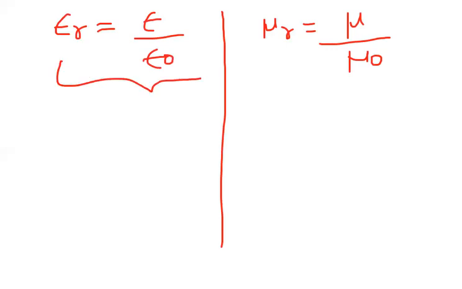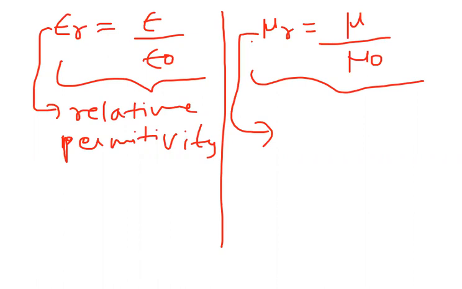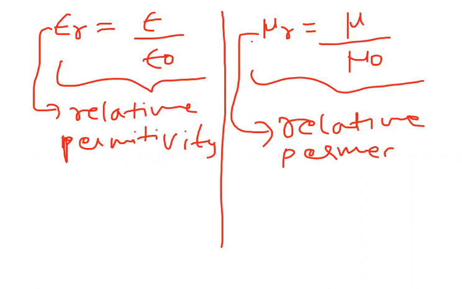Epsilon r is called relative permittivity, and mu r is called relative permeability. These are the terms to be known.